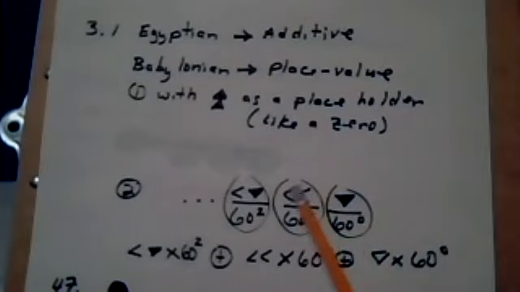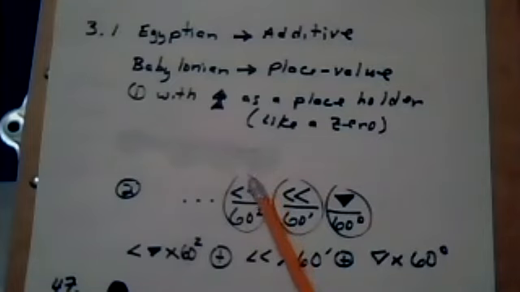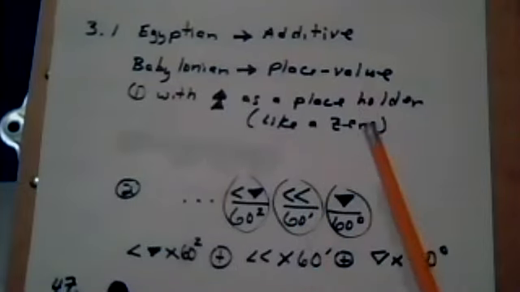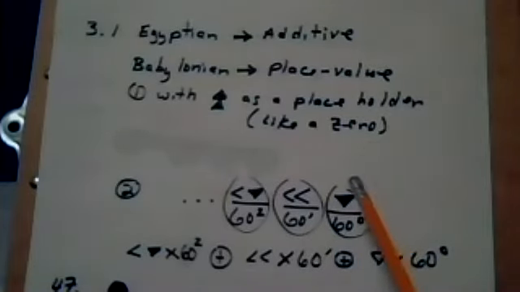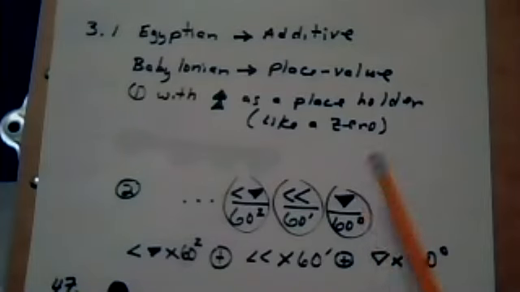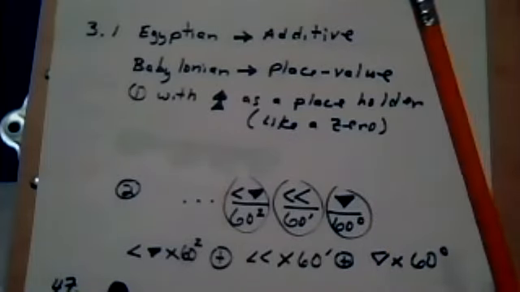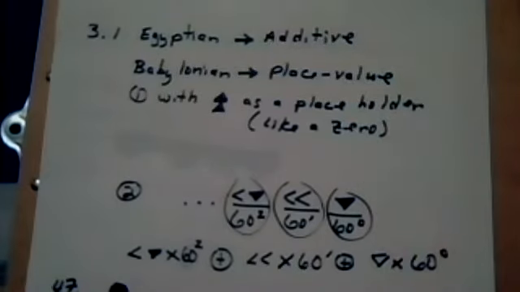Whatever this symbol's worth, you multiply it times 60. Whatever this combination of symbols is worth, you multiply it times 60 to the second. So it's the value of these symbols times 60 to the second plus the value of these symbols times 60 to the first plus the value of this symbol times 60 to the 0. Their system, place value, was base 60. Our system is base 10. Theirs was base 60.